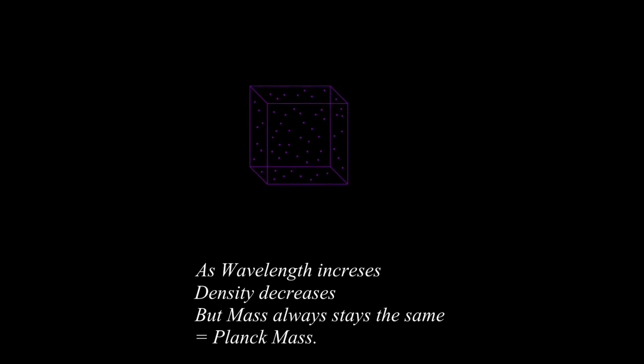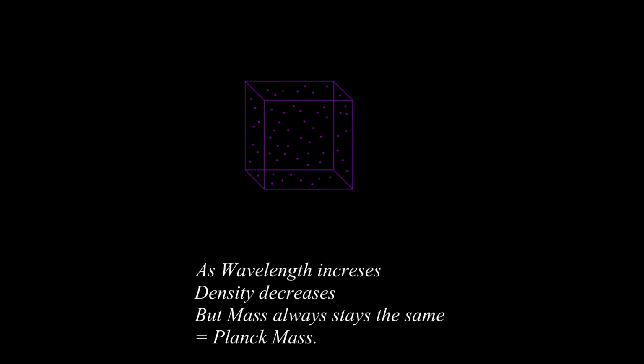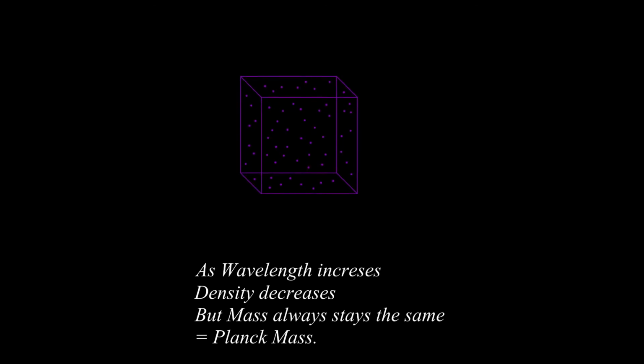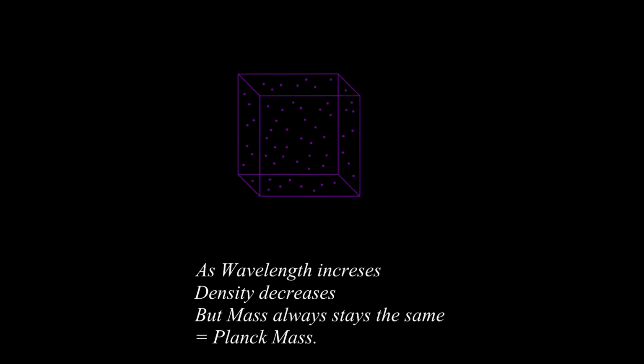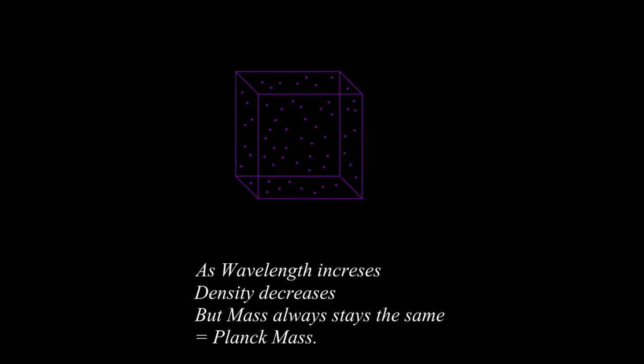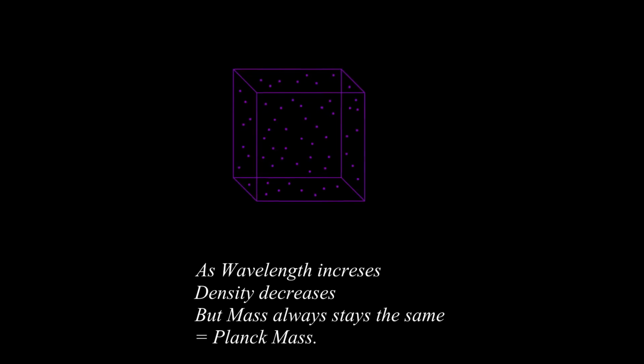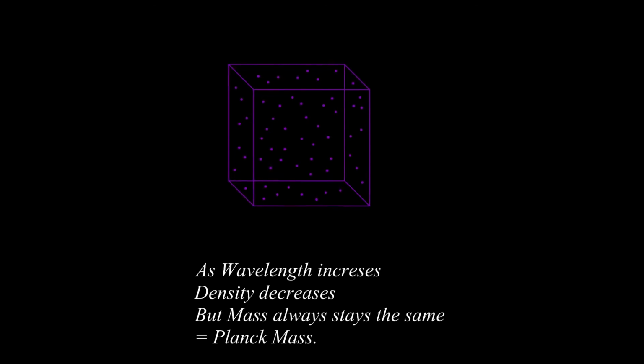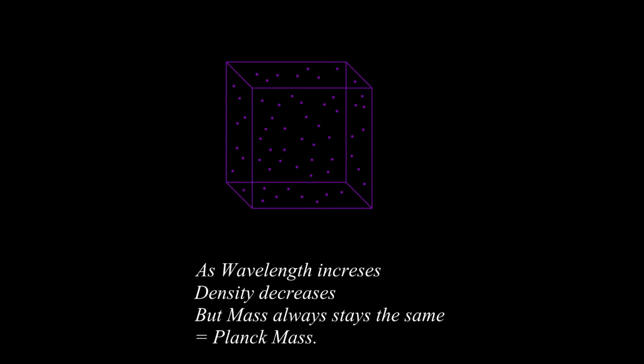So again, as the wavelength increases inside of the pyramid, the density must decrease because the mass is always the same. And this is how you scale the universe. This is the most magical aspect of it.